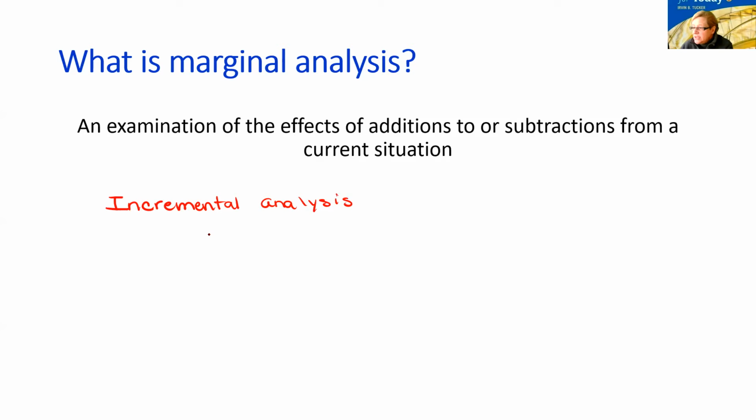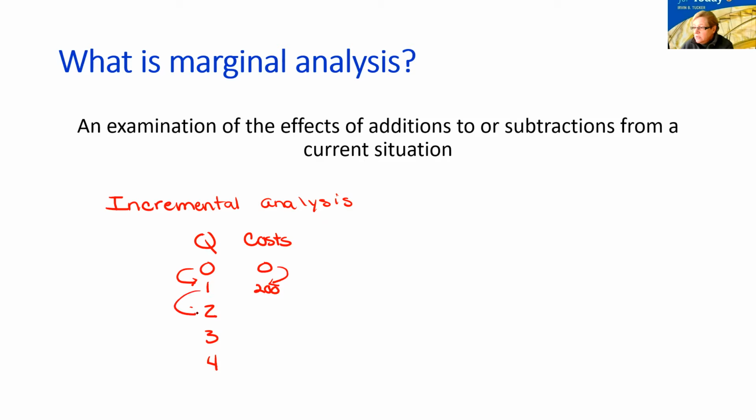Okay, so again, as I produce, let's put in here quantity. As I move from 0 quantity to 1, 1 to 2, 2 to 3, 3 to 4, it might be how do my costs change? So maybe if I'm not producing anything, I have no costs. But then as I move from 0 to 1, my costs will go up, let's say 200.